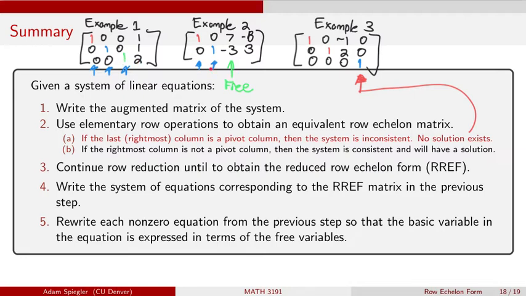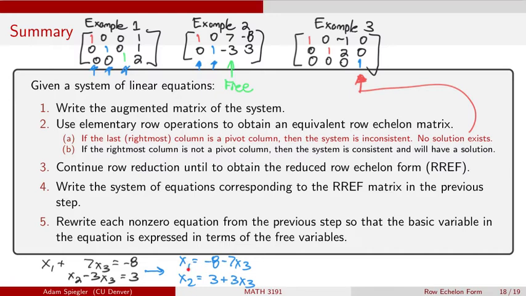When we have a free variable like this, what we want to do is rewrite each of these equations, which I've done below. From the top row, we would have x1 plus 7x3 is equal to minus 8. From this row, we get 1x2 minus 3x3 is equal to 3. And then what we saw is that it's useful to write the solution as x1 is equal to this, x2 is equal to that, which I've written out over here on the right.